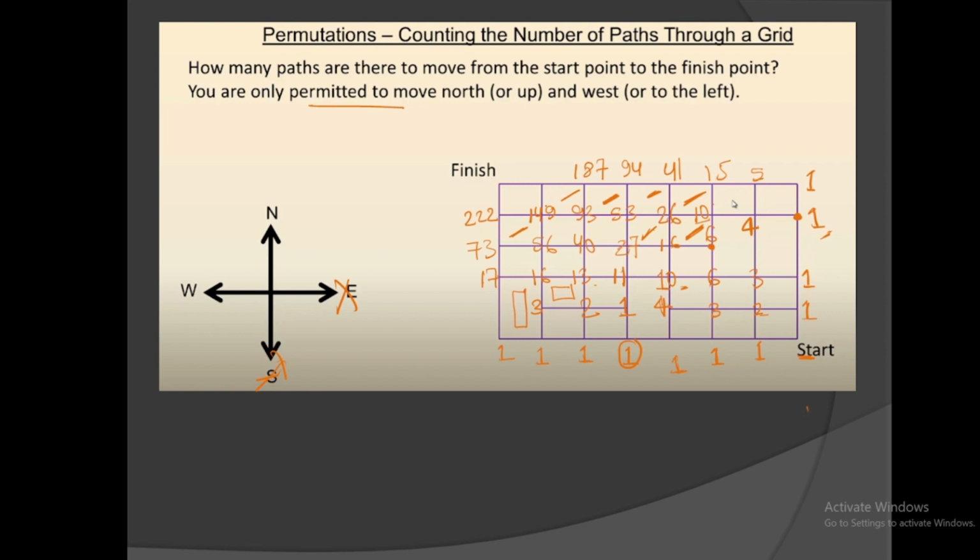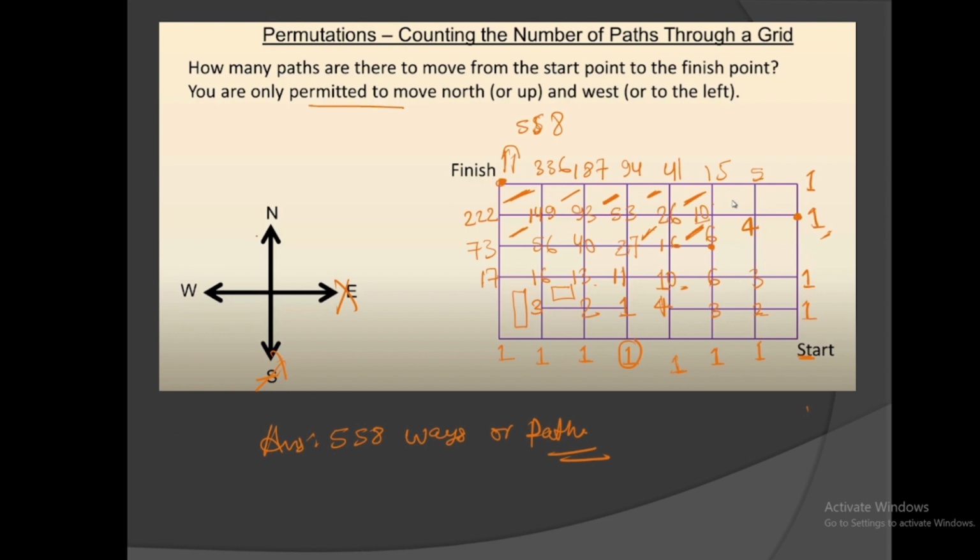This will be 187 plus 149 is how much? 336. So to move to the finishing point, we have how many ways? We have 580. So our answer is how much? 580 ways or paths.